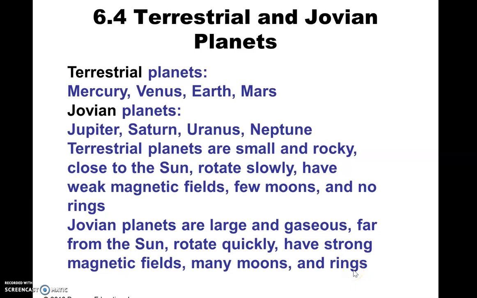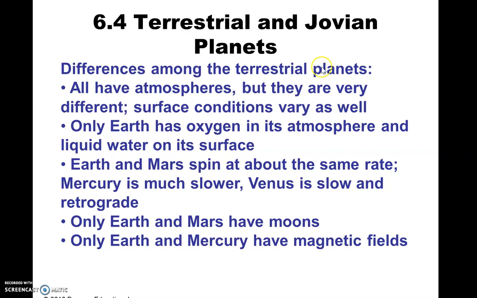Some of the rings in some cases can only be detected by very powerful telescopes. I mean, you can't see even the rings of Saturn without a pretty decent telescope. All right.